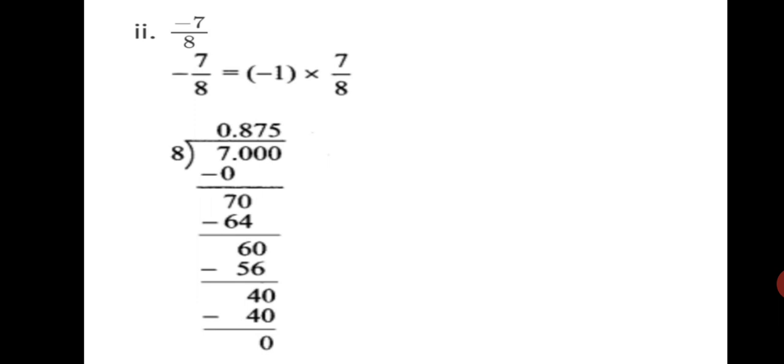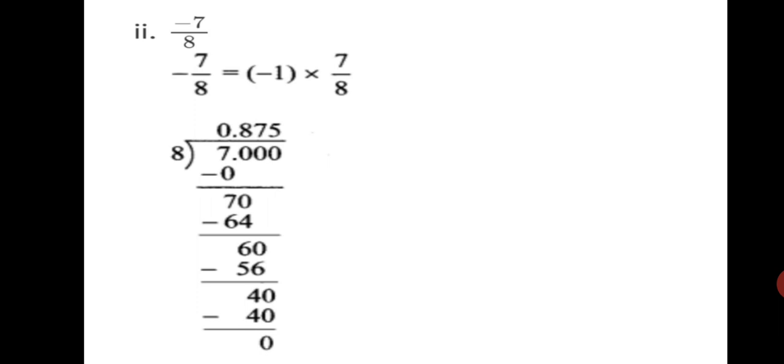Now you are ready to do the second step. 8 8s are 64. Remainder 6. Bring a 0 down. 8 7s are 56. Remainder 4. Bring another 0 down. 8 5s are 40. Remainder 0. So we have got a final answer as 0.875.